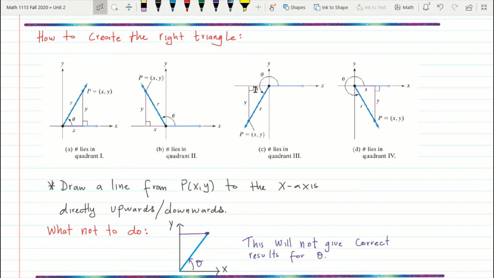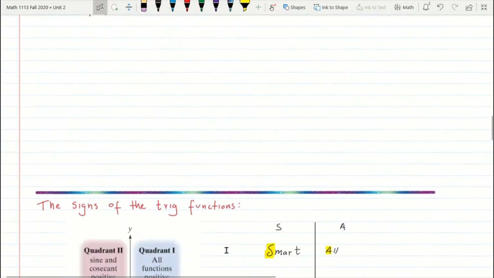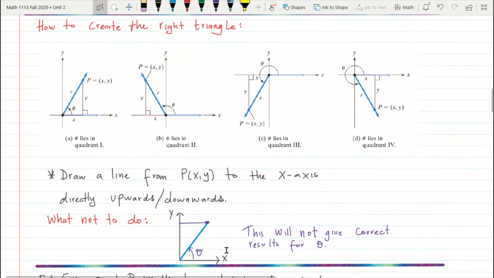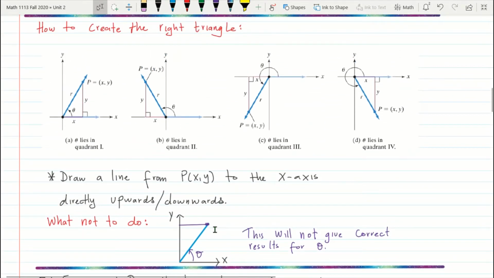So what not to do is that if you open up your angle here, like I see on the very bottom, you don't want to draw a line to the y-axis. Hopefully you can see what I'm talking about. You do make a right triangle, but it's not going to be in the same form as the previous examples, and you're not going to be able to get your trig function values correct.